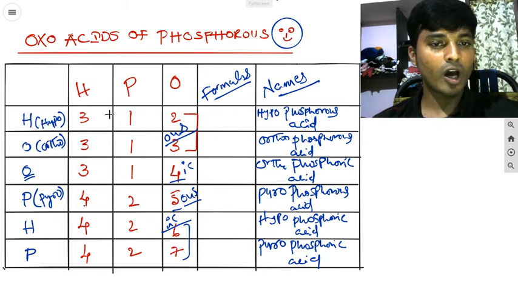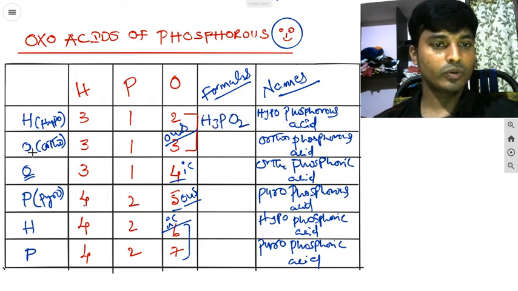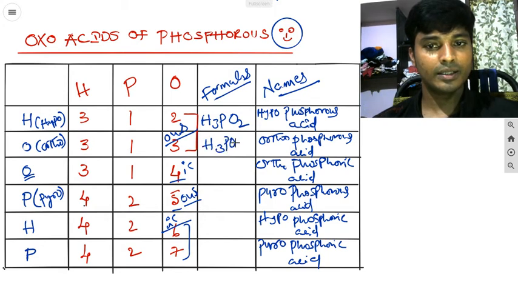Then what you have to do? Formulas. The number of hydrogens is 3, phosphorus 1, oxygen 2. So now you write the formulas. For the first one, H3PO2. Second one, H3PO3, which is orthophosphorus acid. Third one, H3PO4, which is orthophosphoric acid, phosphoric acid.